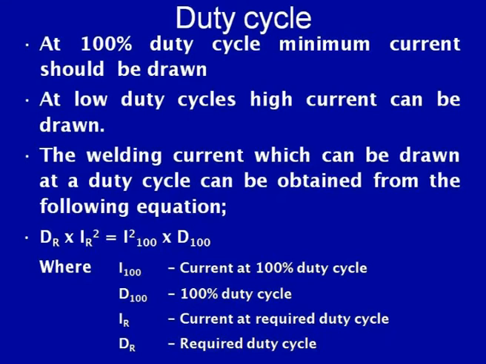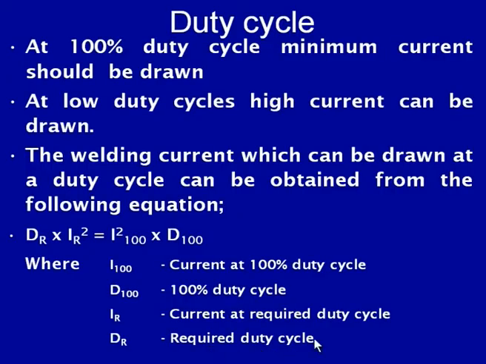The welding current which can be drawn at a duty cycle can be obtained from the following equation, which involves DR, the duty cycle at which we want to work, and IR, the current which we want to draw. I100 represents the current at the 100% duty cycle, and D100 represents the 100% duty cycle.